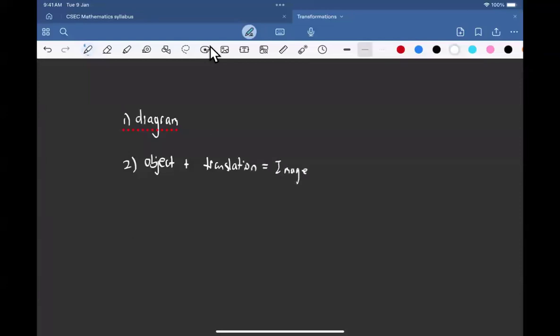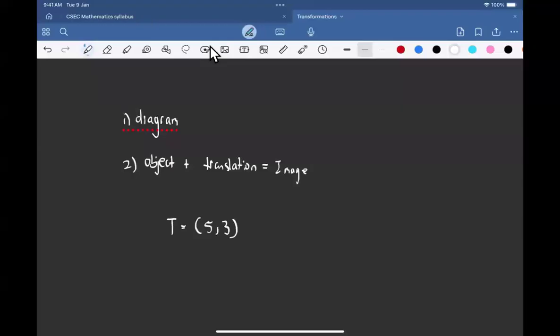Now, guys, how do we represent the translation? Would I write the translation like this? No. How would I write the translation? See if you could show me on the screen.